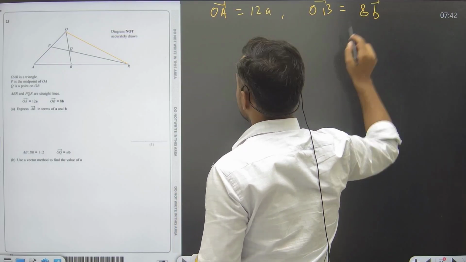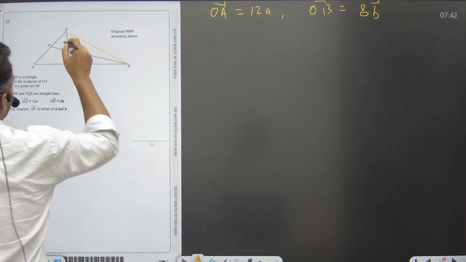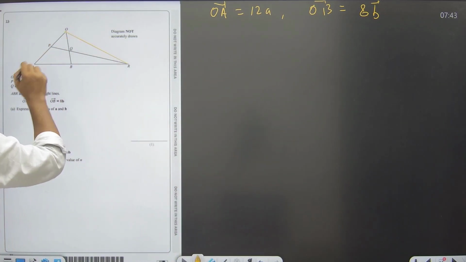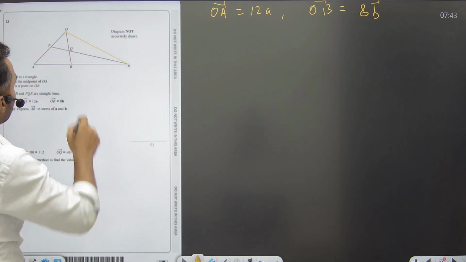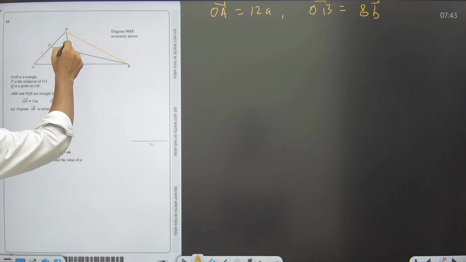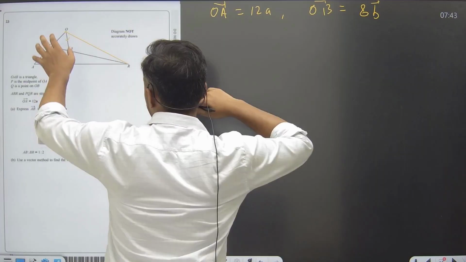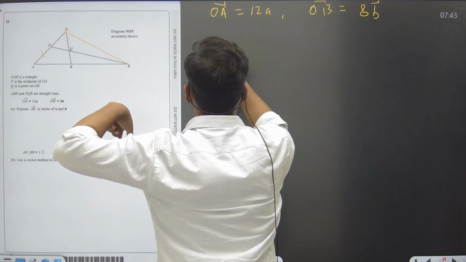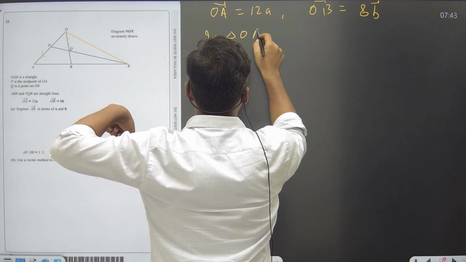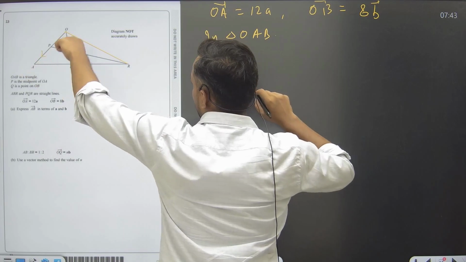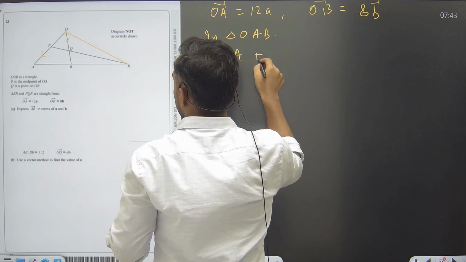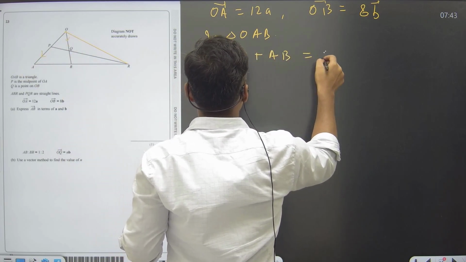It is given. So in triangle OAB, if you visualize it, you'll get to know that OA plus AB will be equal to OB.